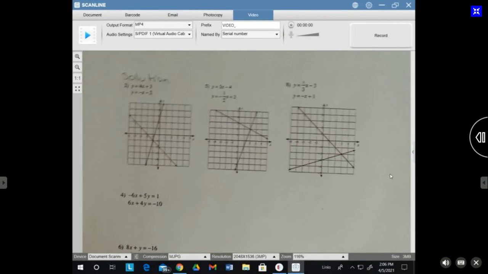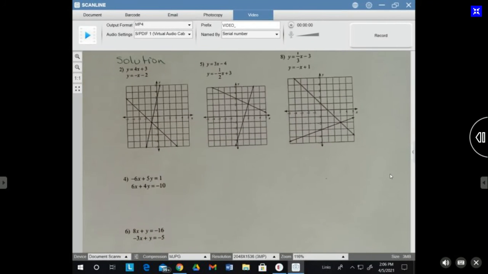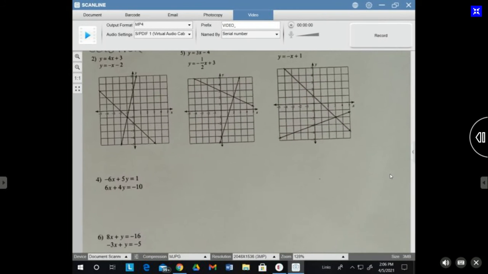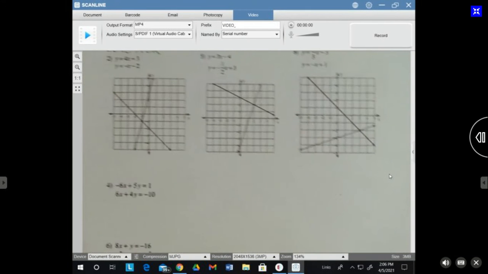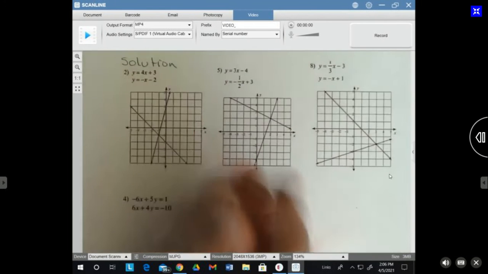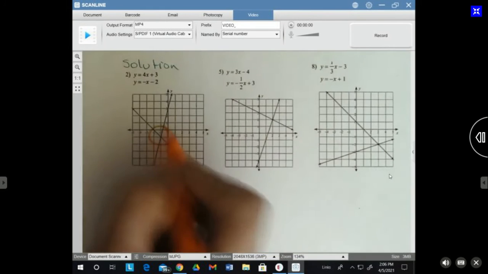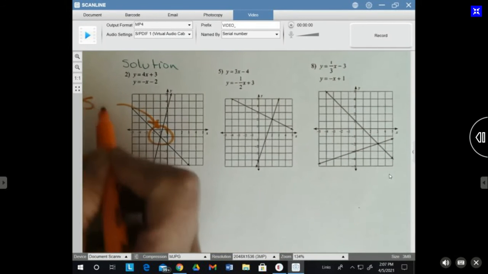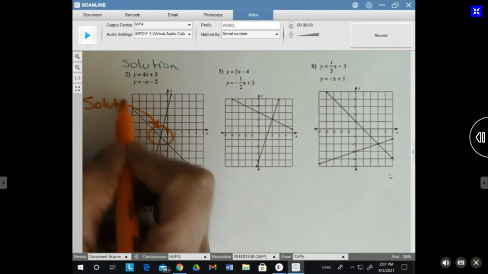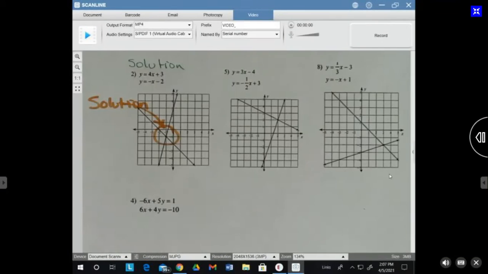Where the two lines cross. Yes. So maybe on your paper you want to circle that, draw an arrow to it, and say that is the solution. So that when I ask you that on the post test, you know what it is I am asking for.